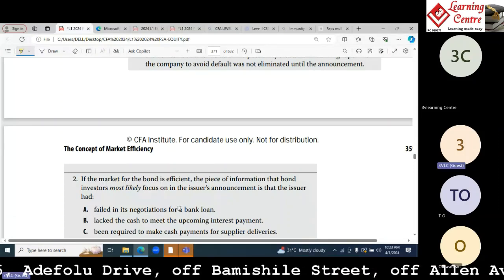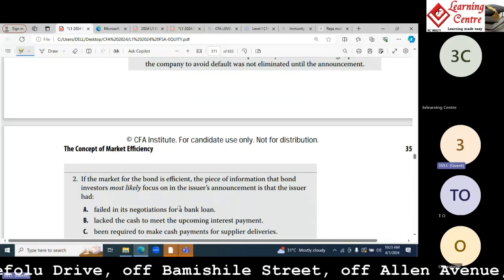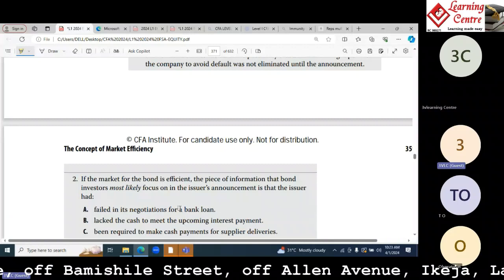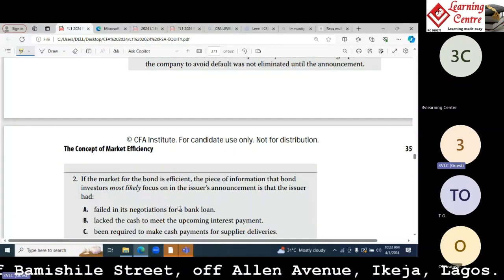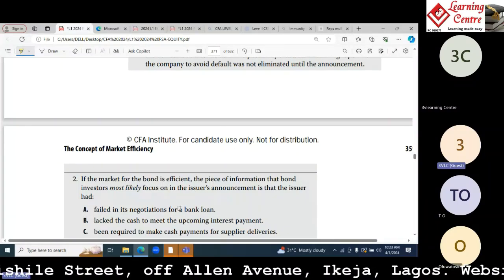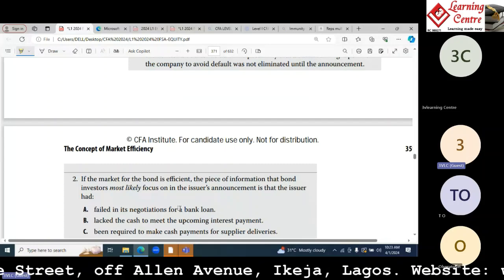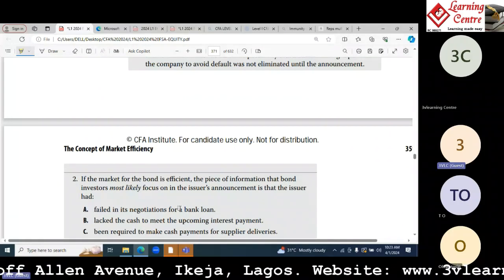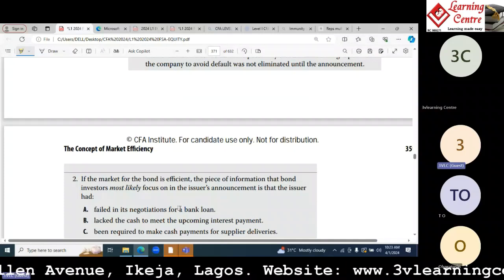Which information in that announcement was most important? Was it the fact that the bank loan failed? Was it the fact that it lacked the cash to meet upcoming interest payments? Or was it that it had been required to make cash payments for supplier delivery?